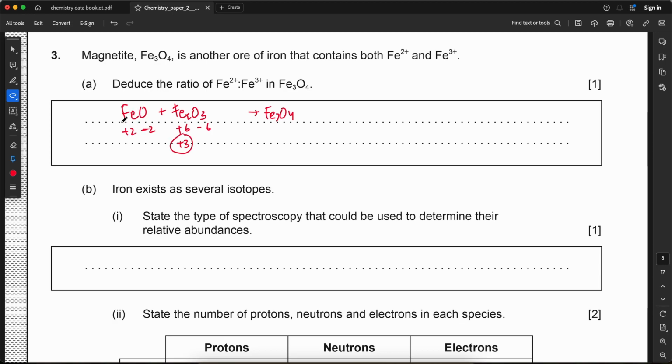As you can see here, there is one Fe2 plus and there are two Fe3 plus. Therefore, the ratio is 1:2 because there is one Fe2 plus in FeO, and two Fe3 plus in Fe2O3.